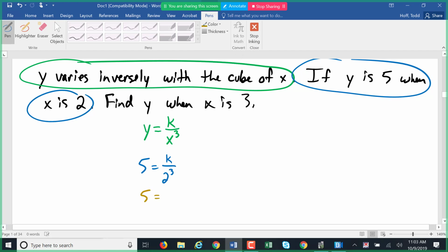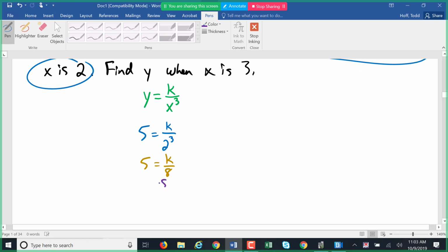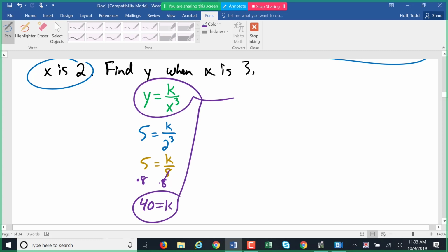Well, 2 cubed is 8. We multiply by 8 to get that 40 equals our constant. So that relationship was really y equals 40 over x cubed.